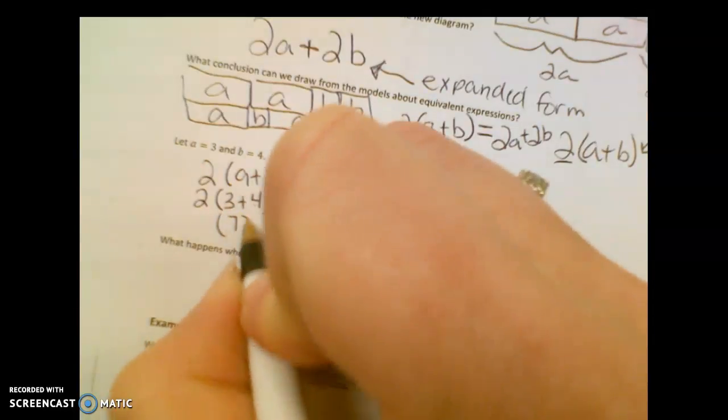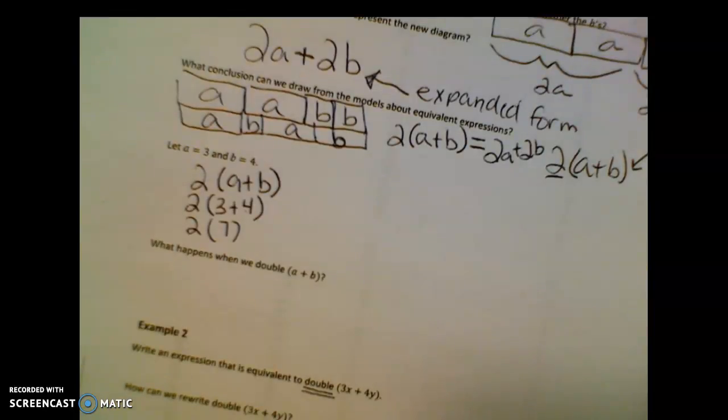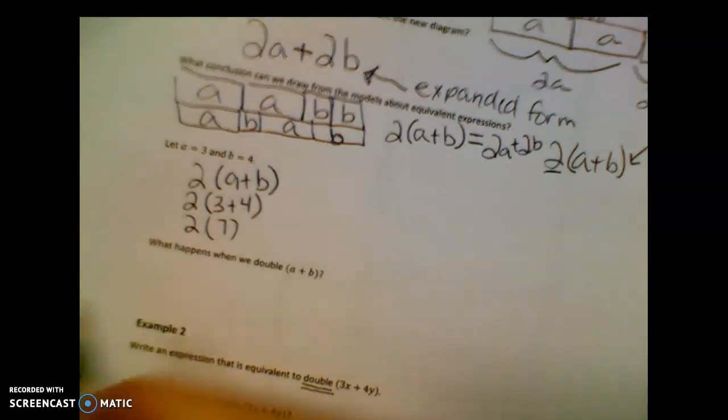So I have 7. I'm going to keep my parentheses around that number so that I can still use juxtaposition, but my reader doesn't get confused and think that's 27. Those parentheses are super important to separate the numbers when I'm using juxtaposition with two numbers. So now I do 2 times 7, which equals 14.